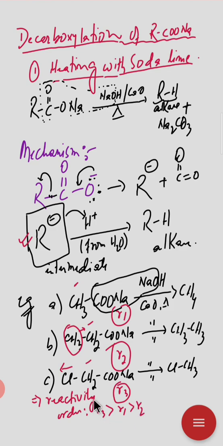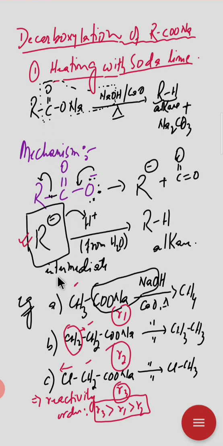So this will be the order of the reactivities or order of the rates. Okay, now this is the first reaction mechanism of decarboxylation, in which sodium carboxylate is heated with soda lime to form alkanes containing one carbon atom less than the carbon atom present in the carboxylate ion.